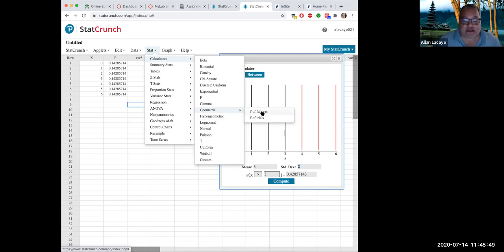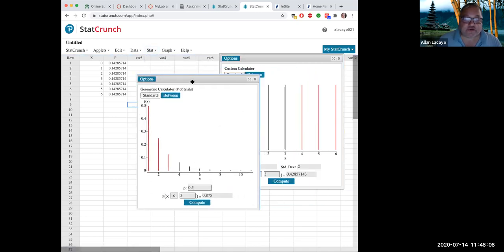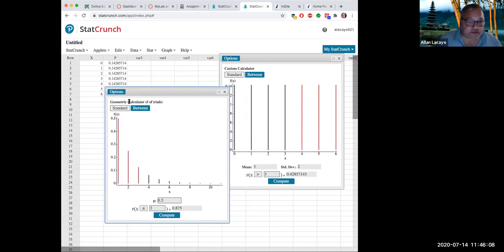That is the count of the total number of failures before your first success. I prefer to use geometric number of trials because geometric number of trials includes when the first success happens.